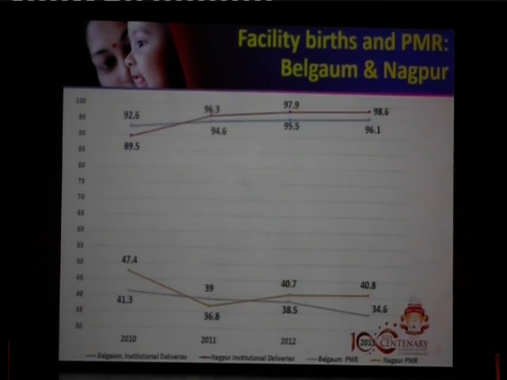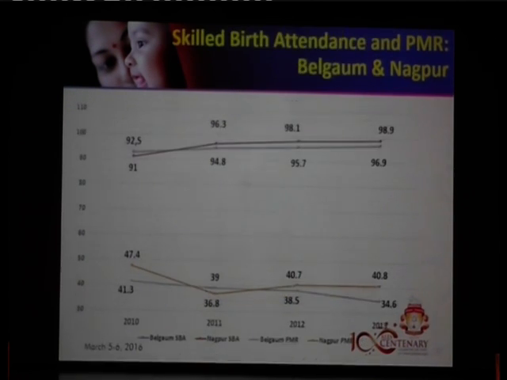See, this is facility births and perinatal mortality of Belgaum and Nagpur. Institutional deliveries have gone up from 2010 to 2013, almost more than 95%, and these are the perinatal birth rates. Skilled birth attendance rates also have gone up during the last 5 years.